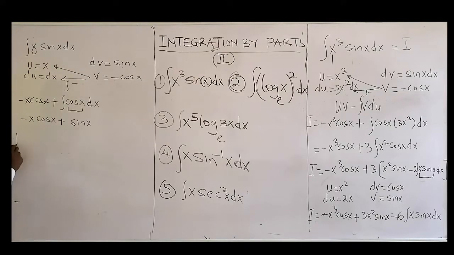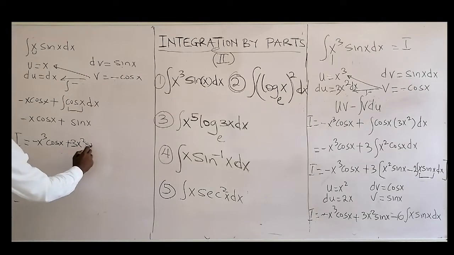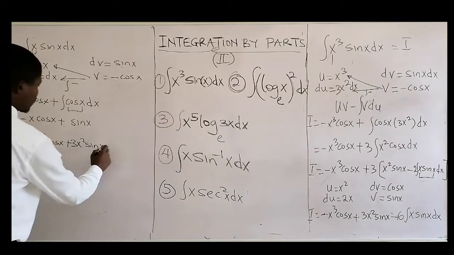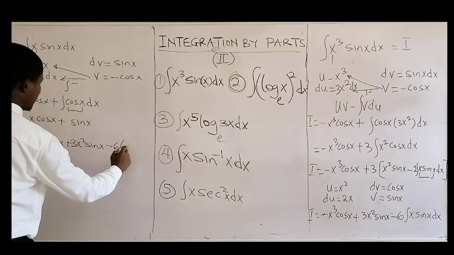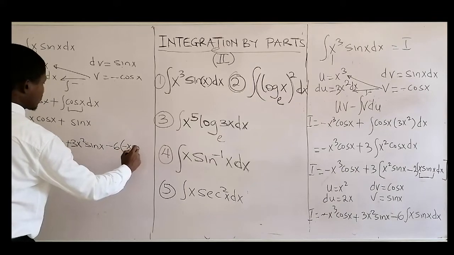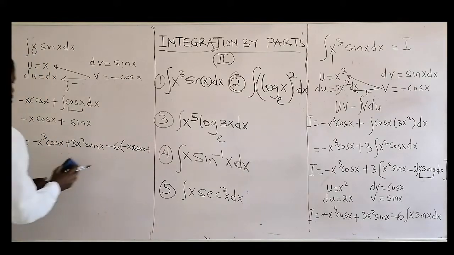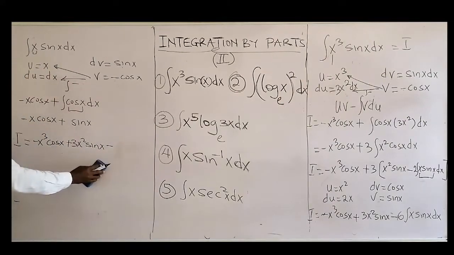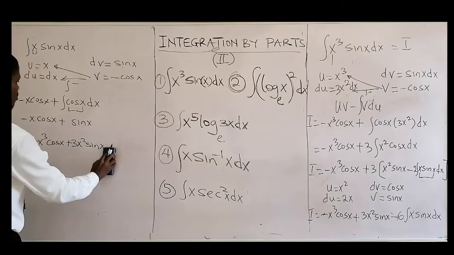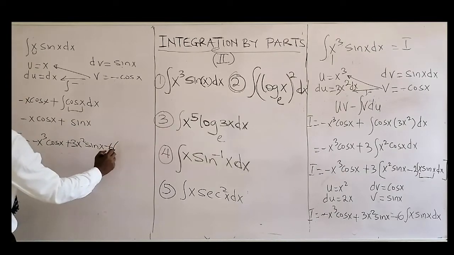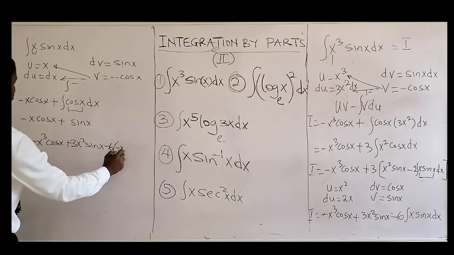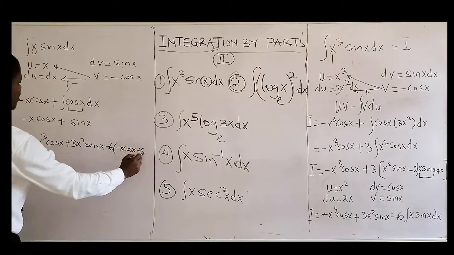So I will now become minus x to the power 3 cos x plus 3x squared sin x minus 6 into brackets minus x cos x plus sin x.